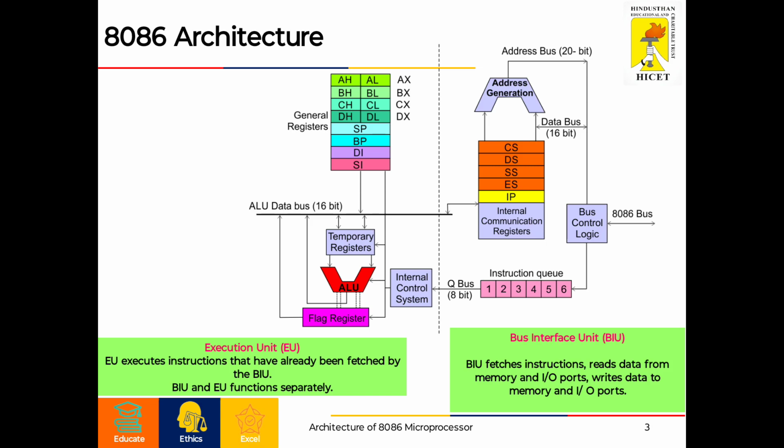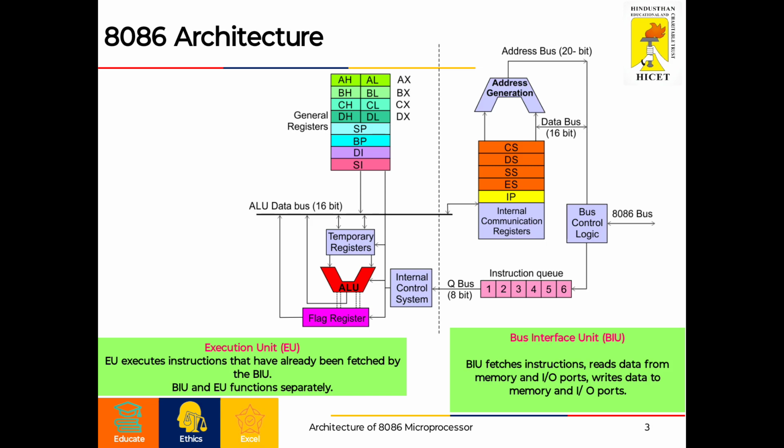The BIU contains segment registers, instruction pointer, instruction queue, address generation unit and bus control unit. The execution unit executes the instructions that have already been fetched by the bus interface unit.